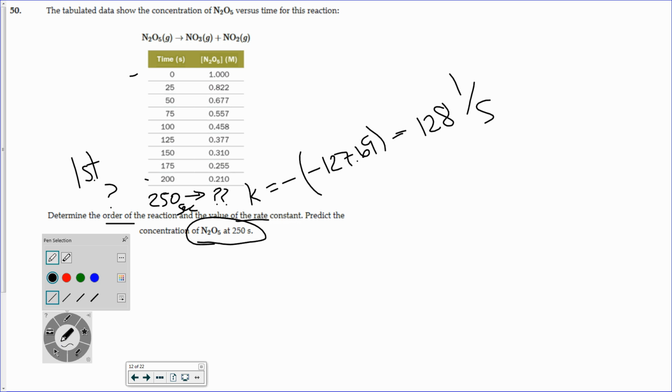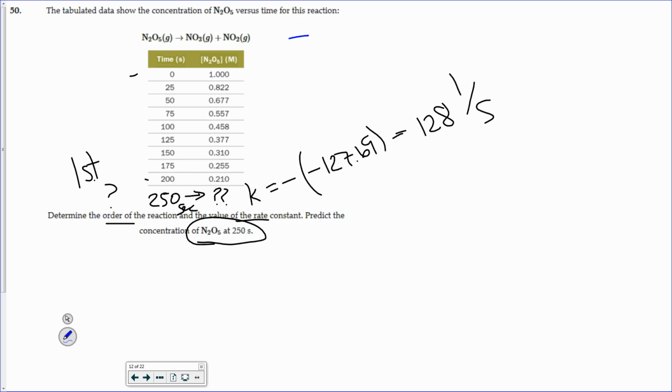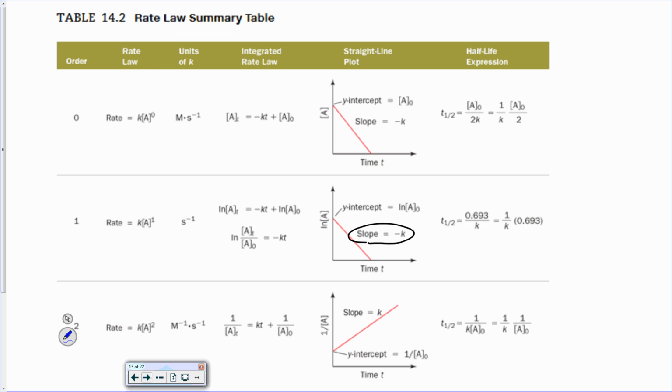What we're going to use is the integrated rate law. That's what the IRL stands for. So let's go back and look at the equation for the integrated rate law for a first order. We've determined it's first order, so this becomes our equation. The natural log of the concentration as a function of time is equal to negative kt plus the natural log of the initial concentration.